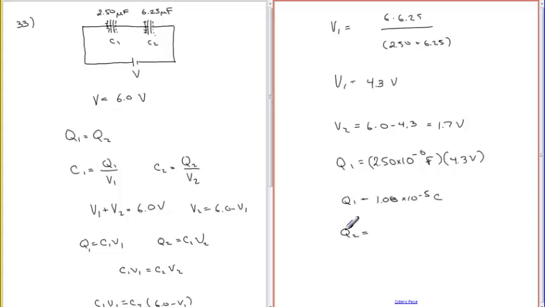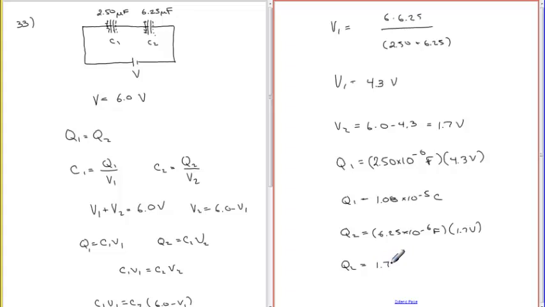And Q2 is equal to 6.25 times 10 to the minus 6 farads times 1.7 volts. 6.25 times 10 to the minus 6 times 1.7 is, well, actually it should be the same, and it does come out to be the same.